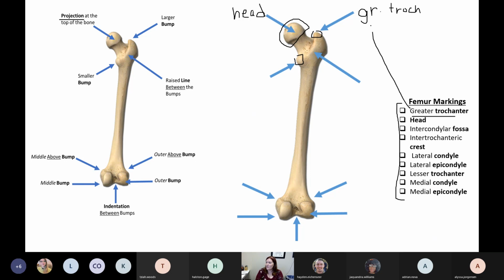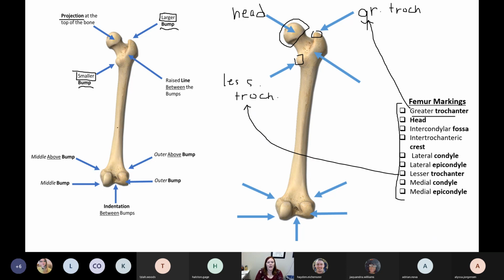This one is the lesser trochanter. I'll draw my arrow here. Notice that the meaning of greater trochanter is the larger bump, or the lesser trochanter is the smaller bump.